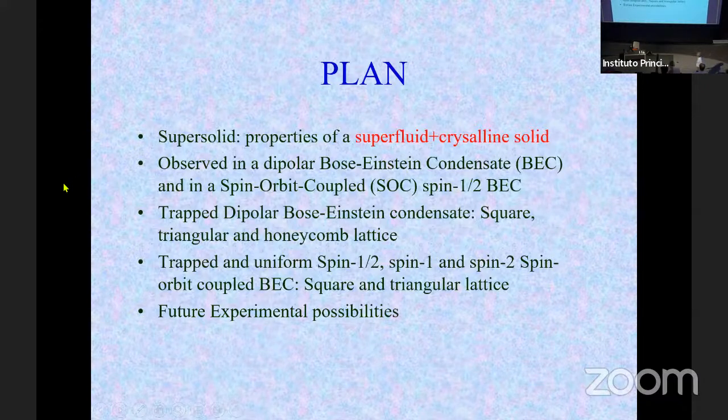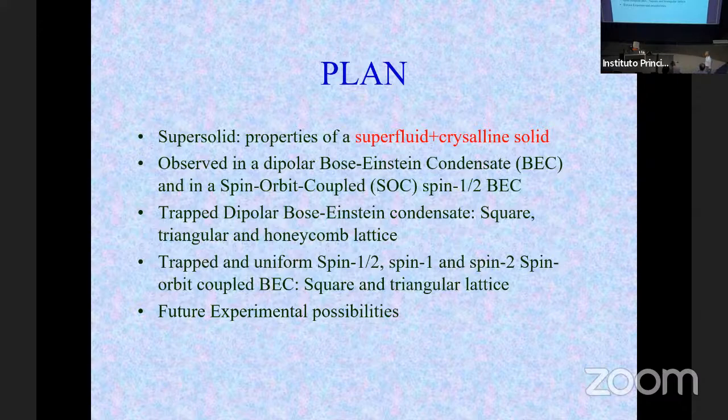Now you have seen what is supersolid. Supersolid has properties of both superfluid and crystalline solid. Superfluid, it flows without friction. That's a simple property. It has a phase coherence. And if it is a crystalline solid, it does not have continuum translational symmetry.